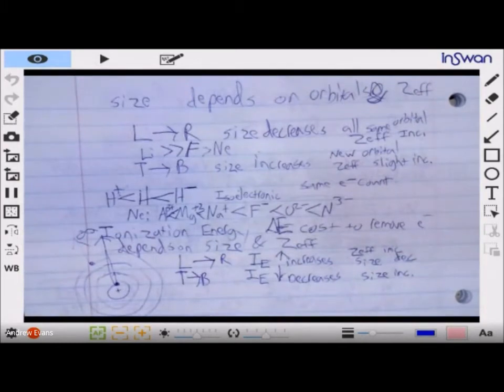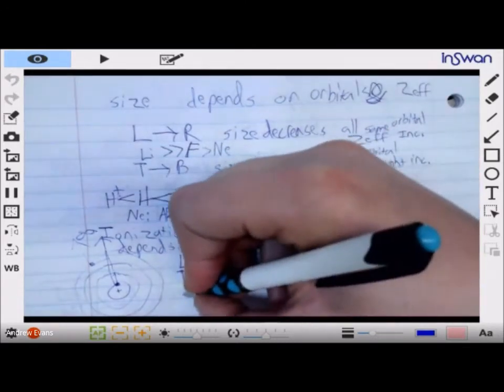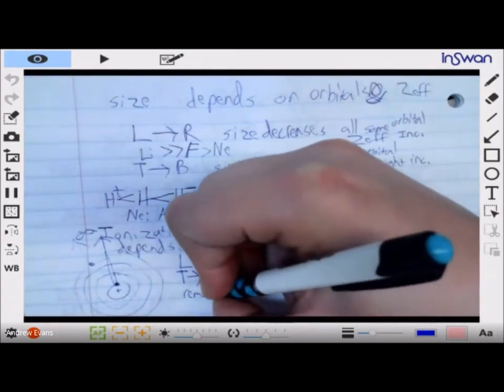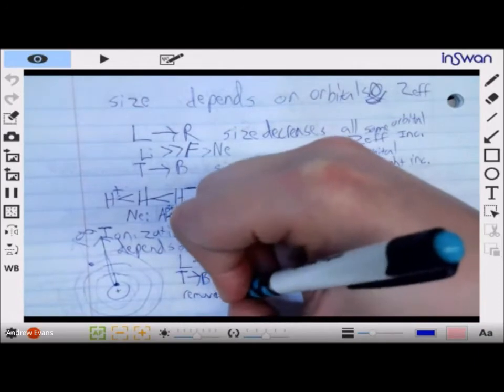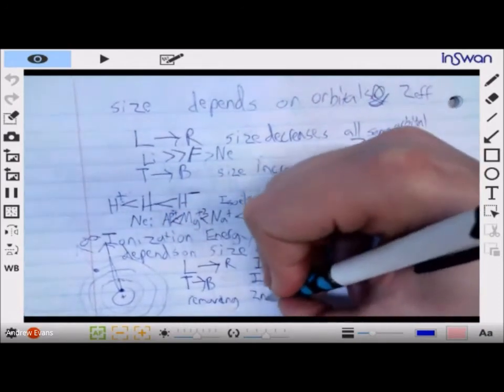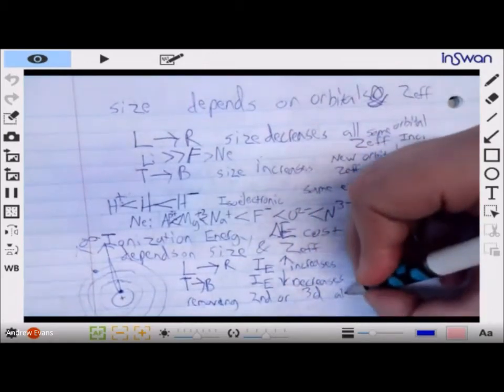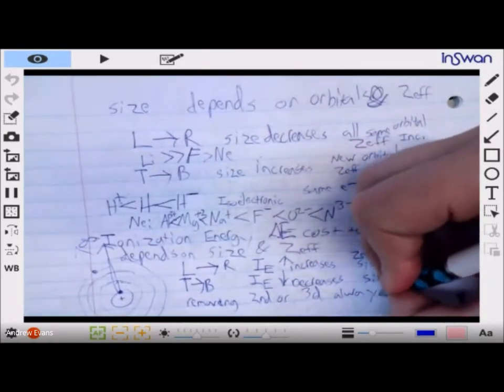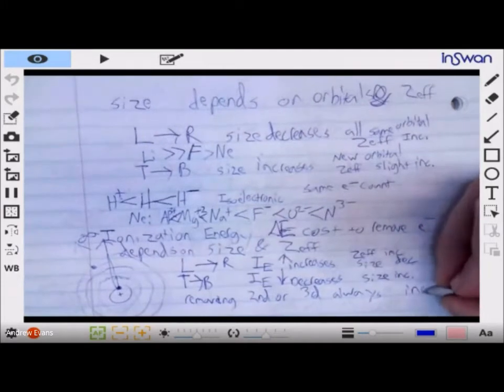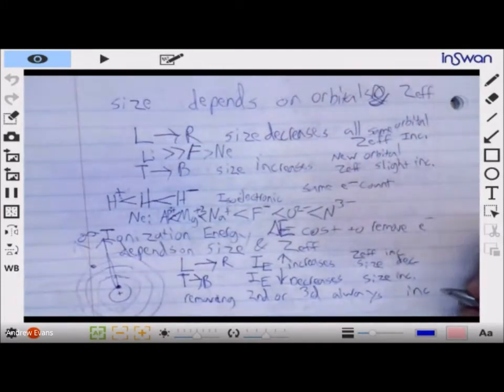There's one other thing to worry about with ionization energy. Removing a second or third electron always increases energy. Why?